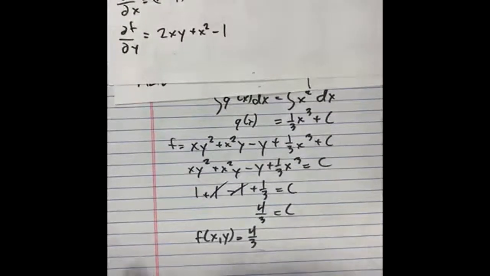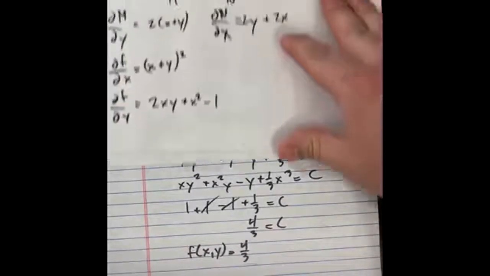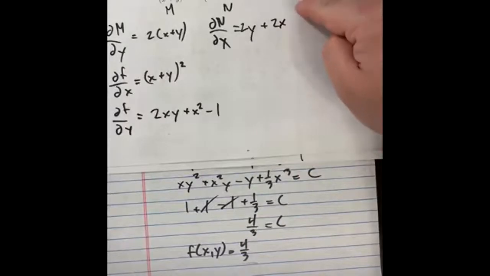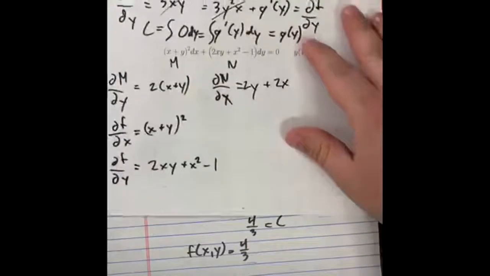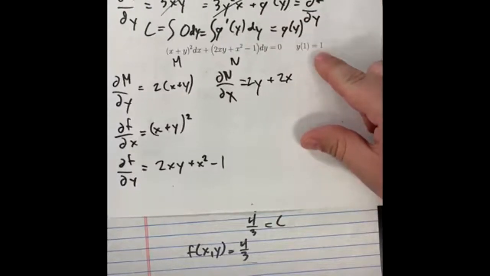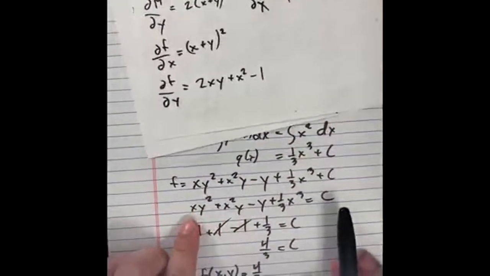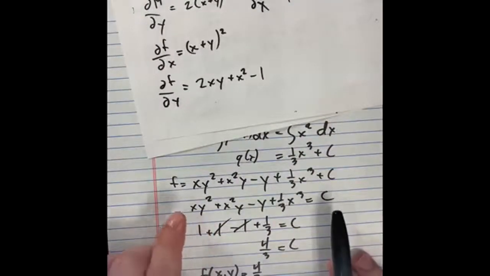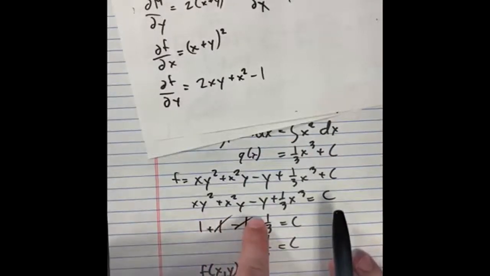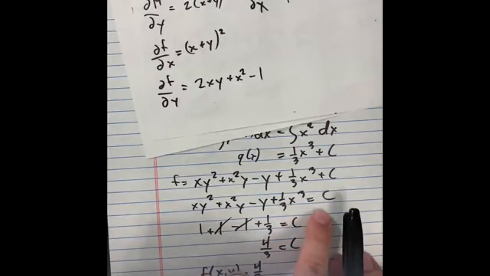Yeah, sorry, I was a little off the screen. The initial conditions are given to us as y of 1 equals 1. What that really means is that x equals 1 and y equals 1. So everywhere here, I plugged in 1 for x and 1 for y. So that's 1 times 1 is 1, plus 1 times 1 is 1. And then we have a minus 1, and then this is turned into a 1/3. And that equals our constant here.